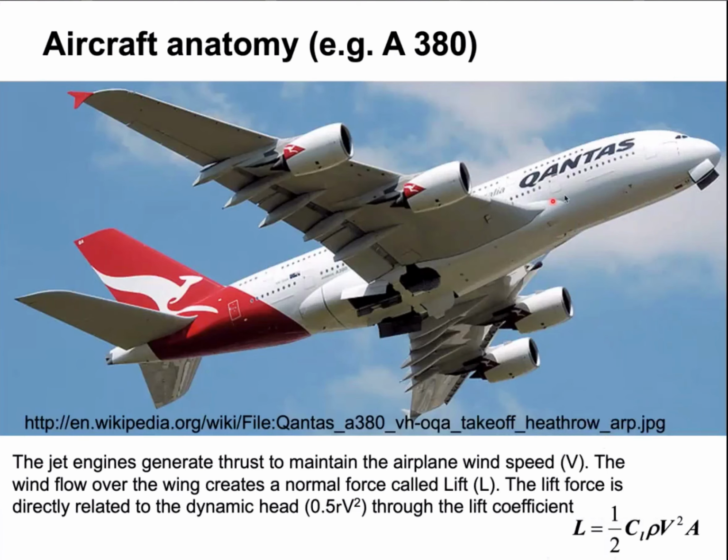An airplane takes a payload from point A to point B. The payload without the fuel is placed in the fuselage. That's where you have your passengers, and that's where you have your cargo. So that's the payload, pretty much.